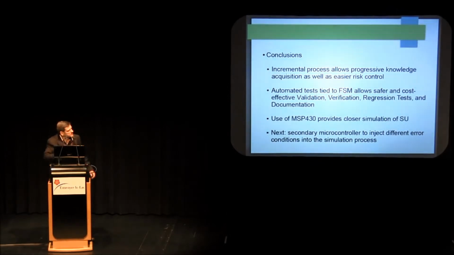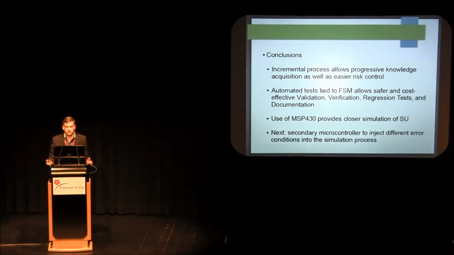Conclusions. The main point of the incremental process is progressive knowledge acquisition, which is very good for us, and easier risk control. We dominate the problem step by step. The automated tests tied to state machines allowed safer and cost-effective validation because the requirements are on the state machines.